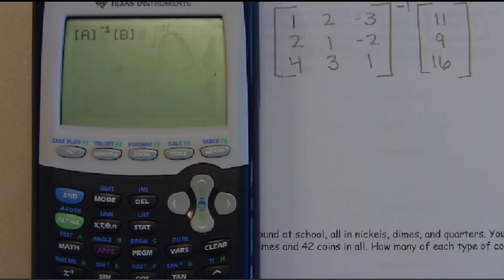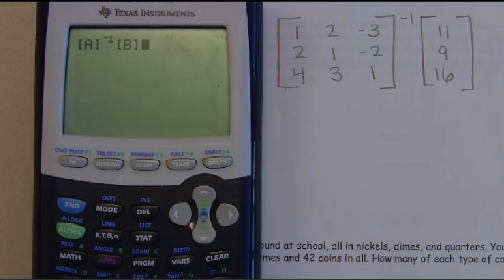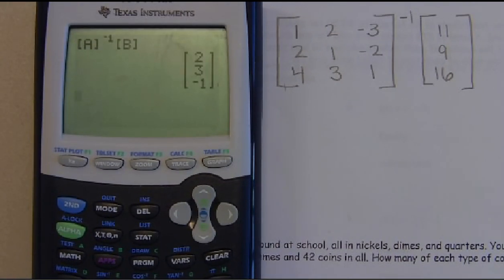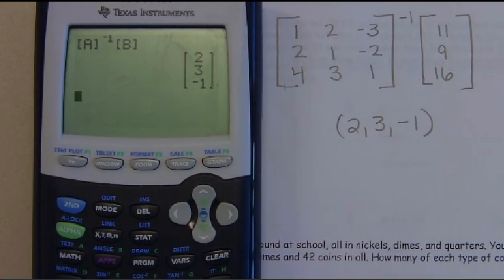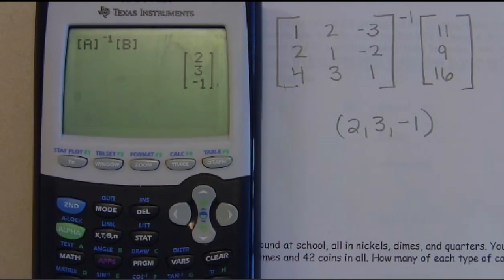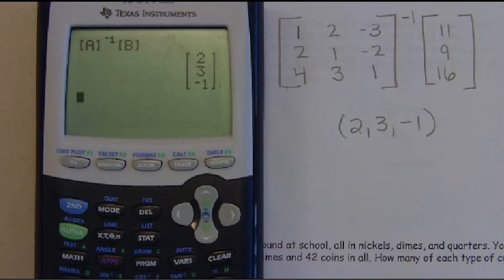I hit enter. And you will notice that I have A inverse B on my calculator. And once I hit enter, I got all of my values, and that is your solution. Once you get matrices entered into your calculator, it is much quicker than using elimination.